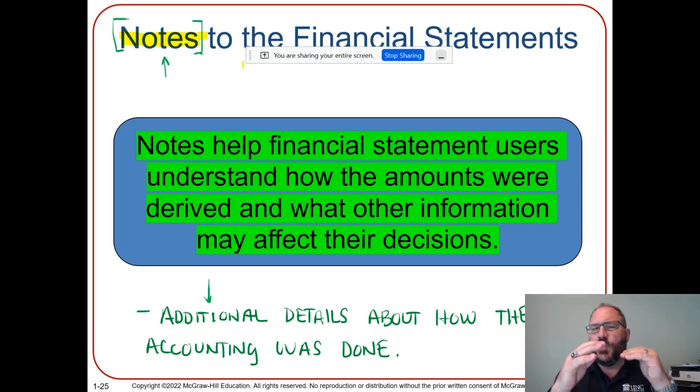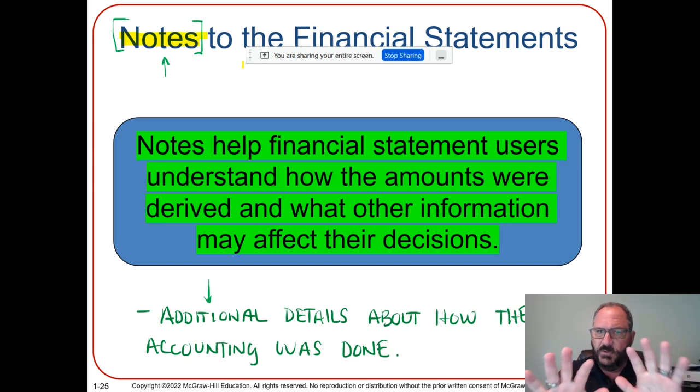In other words, in accounting you have some choices to make, like how to depreciate certain things. So there is some flexibility in the rules, and those notes explain how they're doing it. That's important for the people looking at the financial statement. It's important for them to understand what's going on. So that's what they mean by notes.